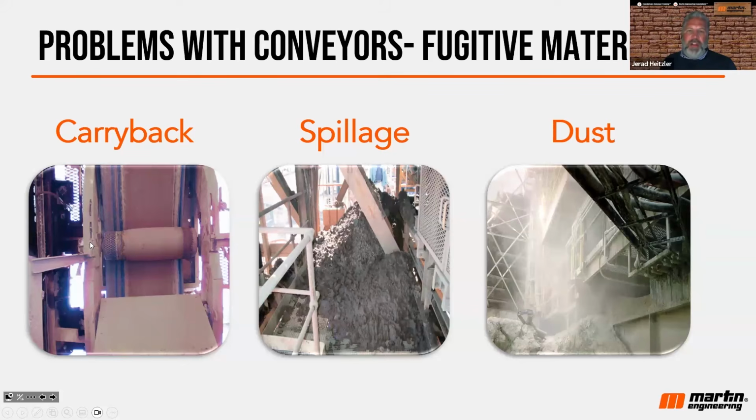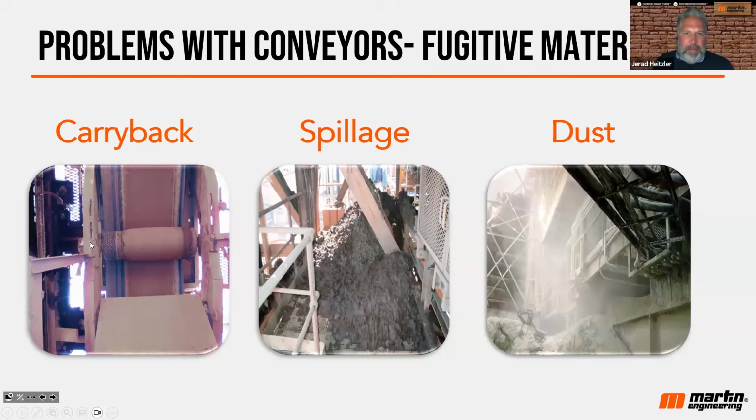Spillage, that's when material doesn't load properly onto a receiving belt. Again, increased cleanup, increased risk, increased cost of operation to the facility. Lots of performance components can be added to completely prevent spillage. Spillage and carryback have huge return on investments.